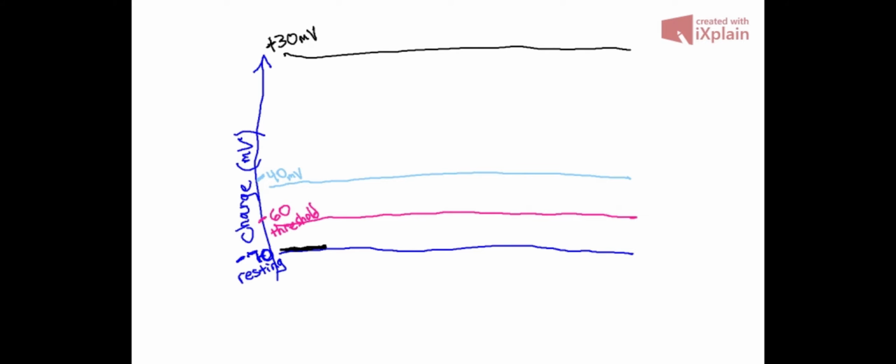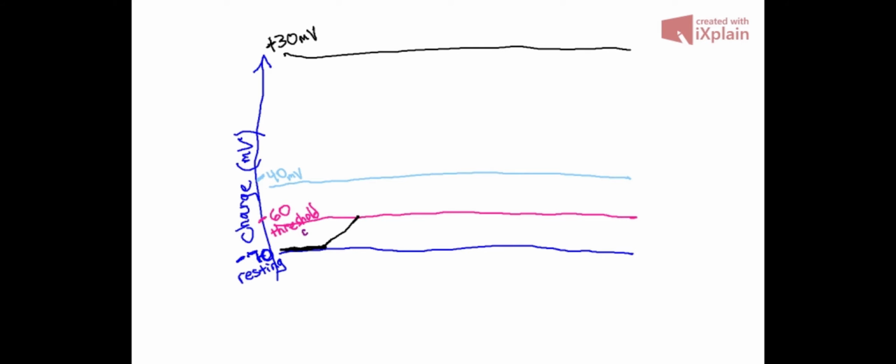Those get stimulated and open up a little bit, and that changes the charge amount. It lets some of the positive ions into the cell, which makes the charge go up a little bit more positive.